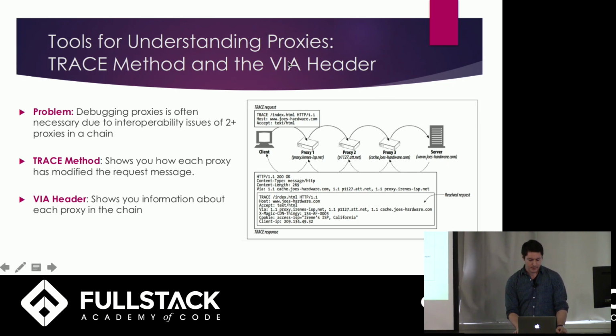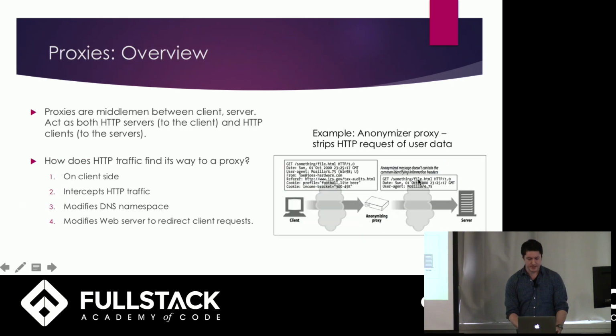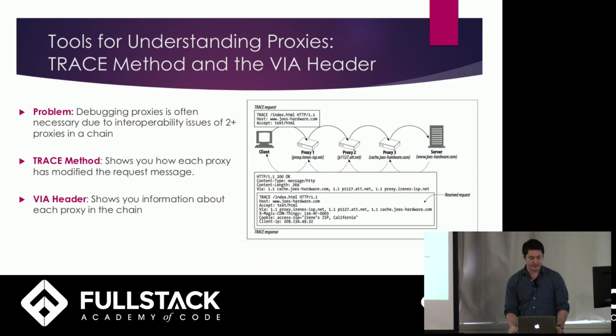In the previous slide, I had this anonymizer proxy. When this message gets passed through the anonymizing proxy, it strips it of the cookies and other identifying information and just passes this message onto the server. So in this case, trace would show you that the identifying information was removed from the request at this proxy. The via header is just a list of the different proxies in the chain.